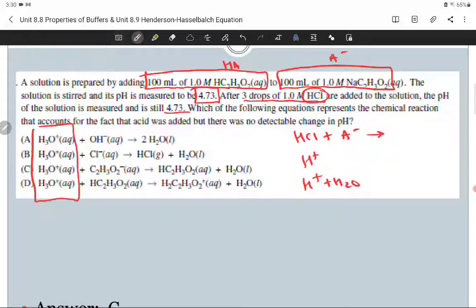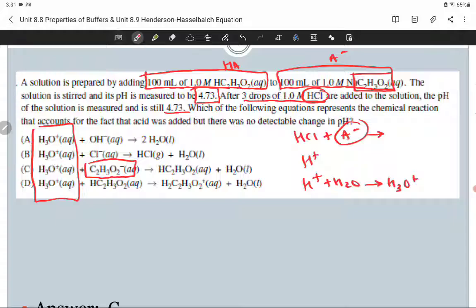They're trying to throw you a little bit of a curveball there. But then you need this A minus, and the A minus is the acetate. Oh, there's the acetate right there.